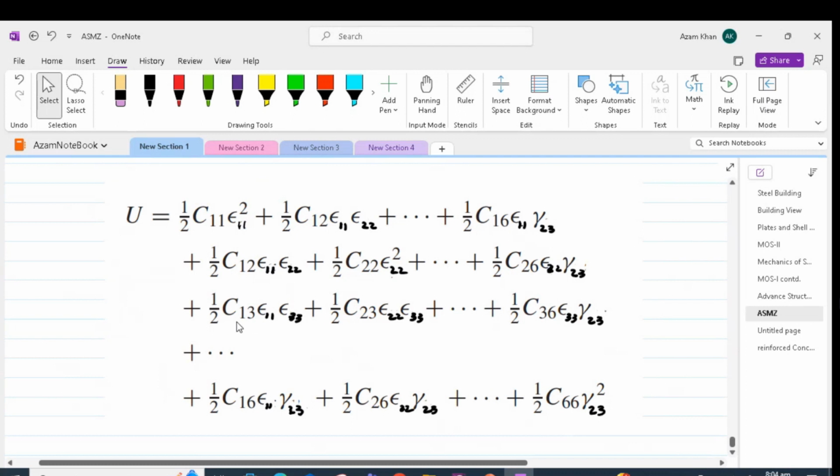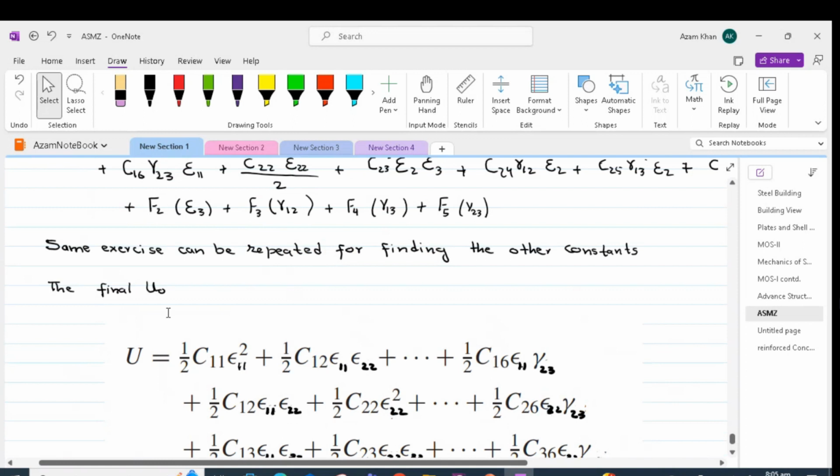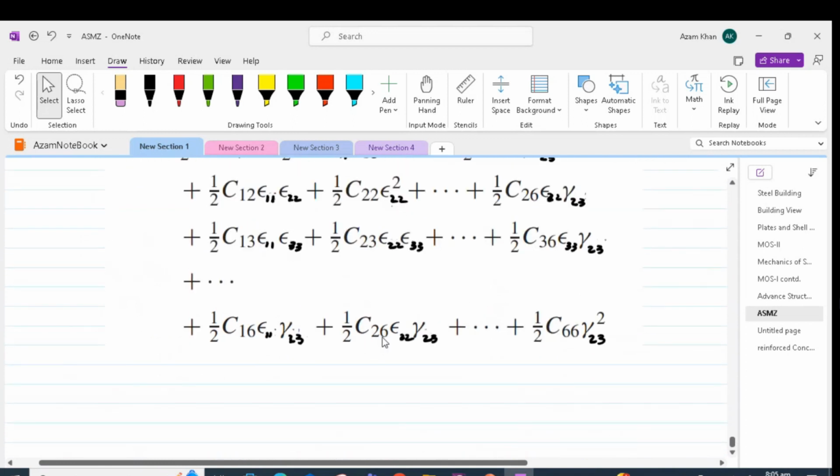And similarly half C13, and finally we would have half C16 epsilon 11 gamma 23 plus half C26 epsilon 22 gamma 23 plus and so on and so forth till half C66 gamma 23 square. This is our final strain energy density equation.